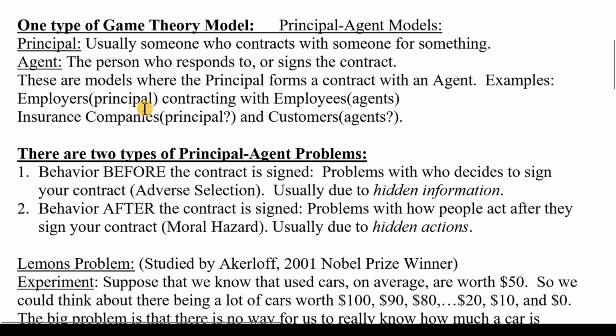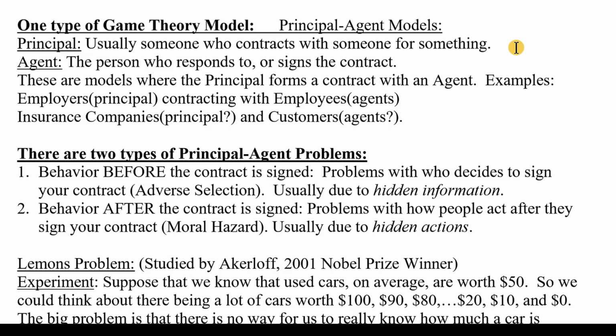Or an insurance company. They might be the principal. They write up the terms of the health insurance contract or the life insurance contract or the automobile insurance contract, and they're looking for some customers who would be the agents. Now, I put a question mark here after principal and agents when we're thinking about insurance because this actually can go the other way. Suppose I'm looking for a health insurer.